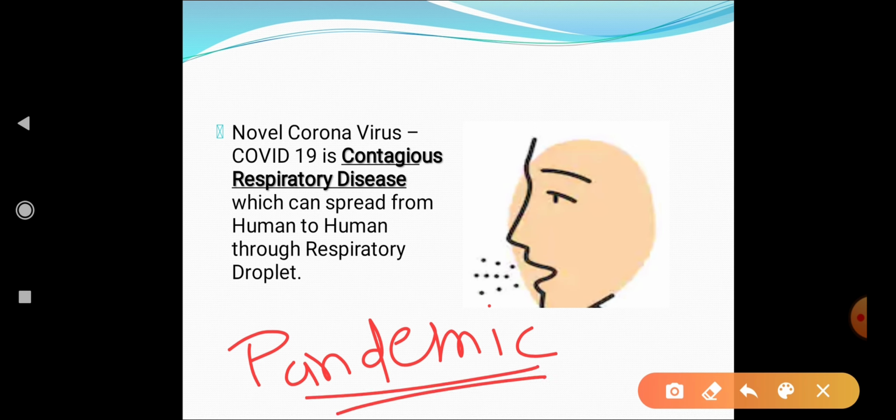You might be familiar that the cases have been reported in China, in the USA, in India, in Italy. So it's a pandemic disease, and today we are going to discuss how we can prevent the spread of this novel coronavirus. How can you be protected from acquiring the infection, that we are going to learn in detail.